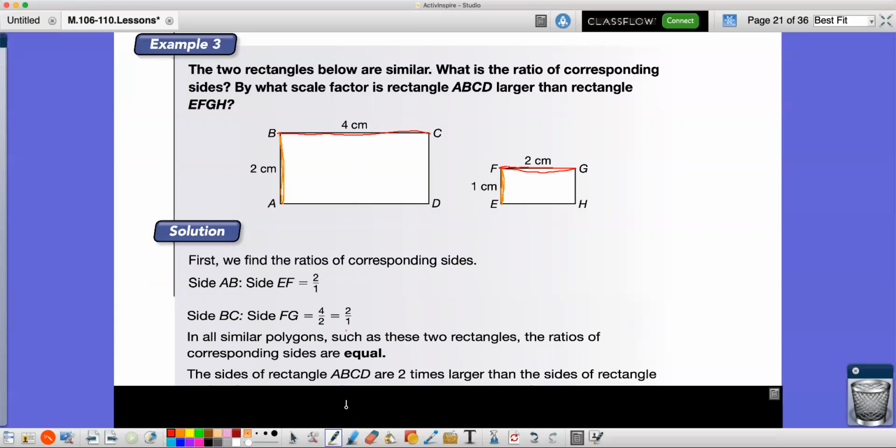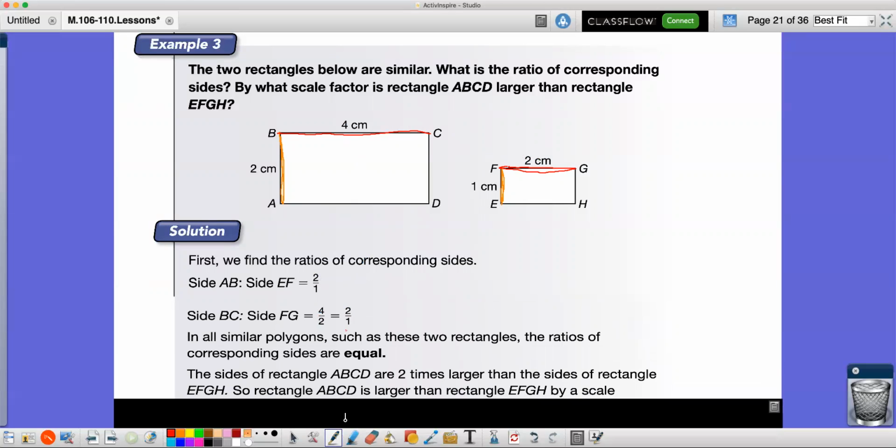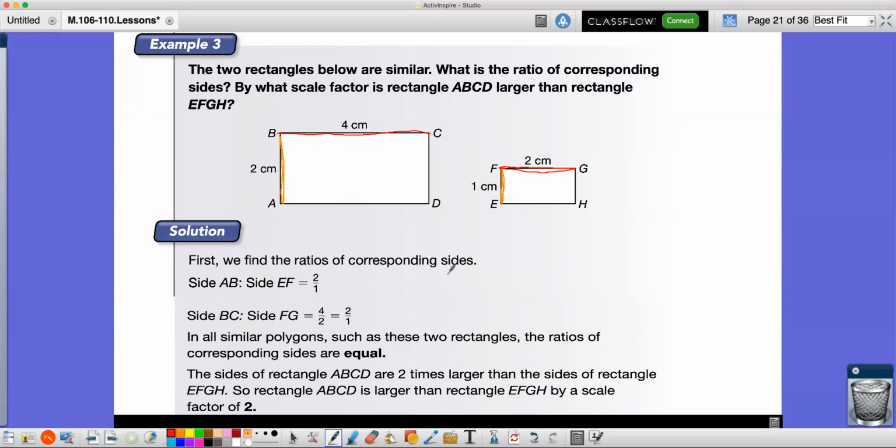The sides of rectangle ABCD are 2 times larger than the sides of rectangle EFGH. So rectangle ABCD is larger than rectangle EFGH by a scale factor of 2. If we took whatever these sides are and multiplied them by 2, we'd end up getting this rectangle.